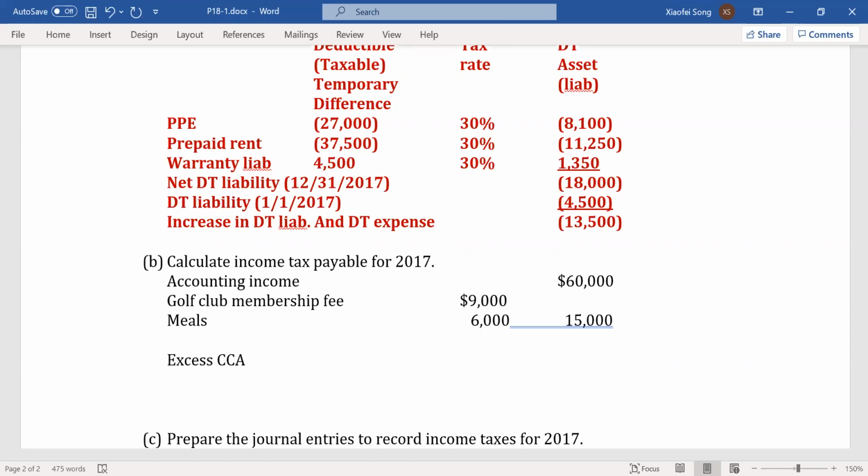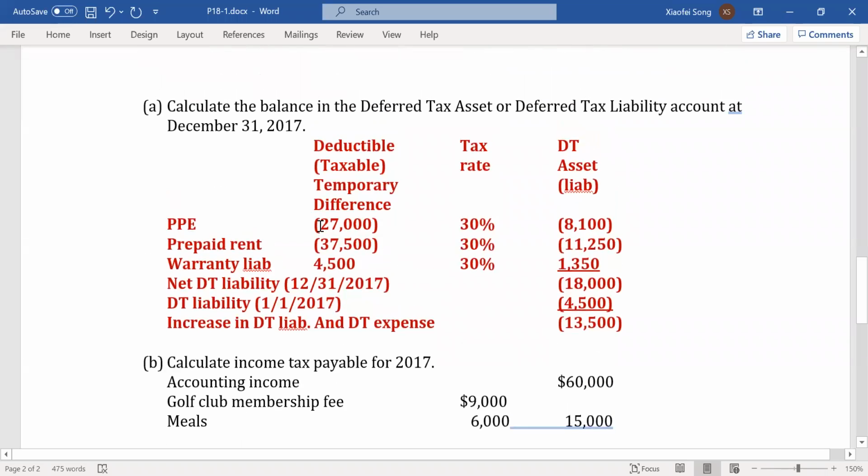The total difference we calculated is 27,000, but that difference is caused by 2 years. So we can work backward. For the first year, what did we have? 4,500.